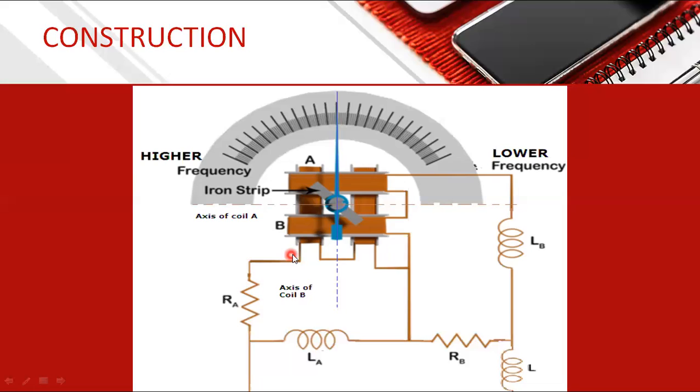You can see that coil A is having resistance in series. So resistance RA is in series with coil A, and to this circuit we have LA connected in parallel. So LA is connected in parallel to the series connection of RA and coil A.